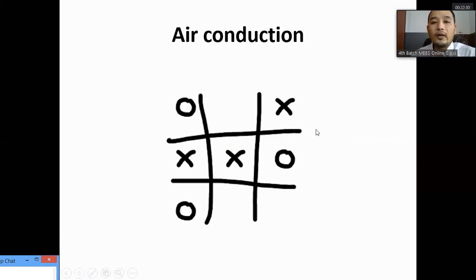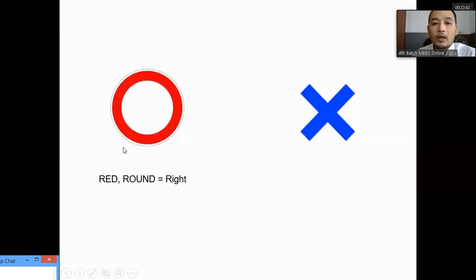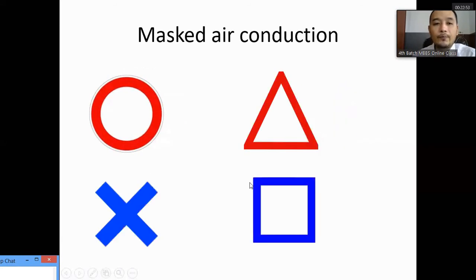For air conduction, the symbols we use are very simple. Just try to remember them with the figure of tic-tac-toe. On the right side, for air conduction we use red and round; on the left side, blue and cross. This is for air conduction, tic-tac-toe.